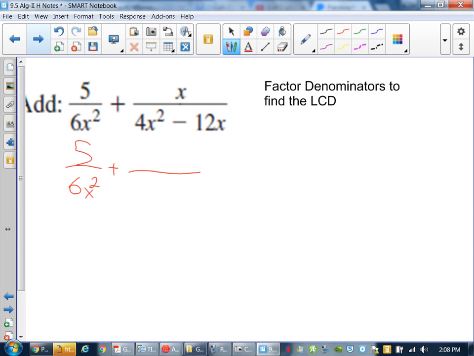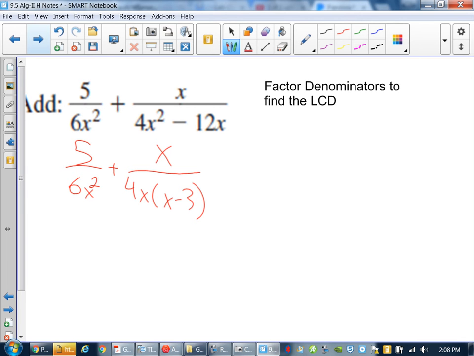Here, there is something I can do. I can take out the 4x, good. Can I do anything else? Yes.